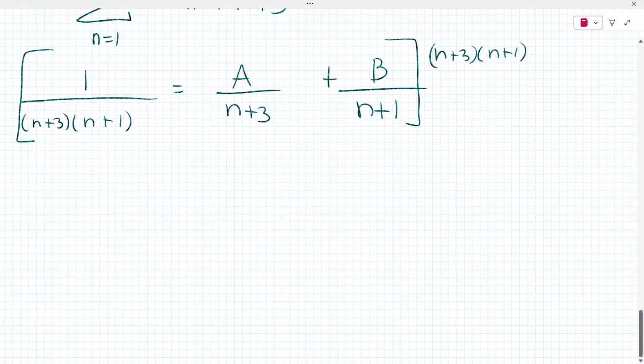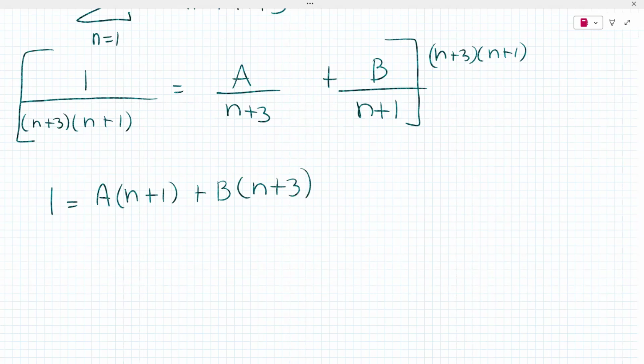So when you do that, you get 1 equals a times n plus 1 plus b times n plus 3. And then you do the partial fraction. If I set n plus 3 to 0 and solve for n, that would be n equals -3.